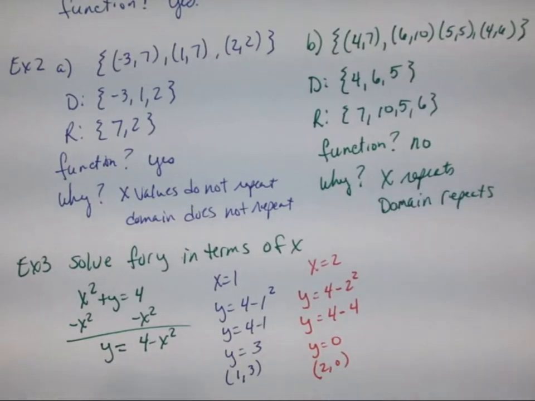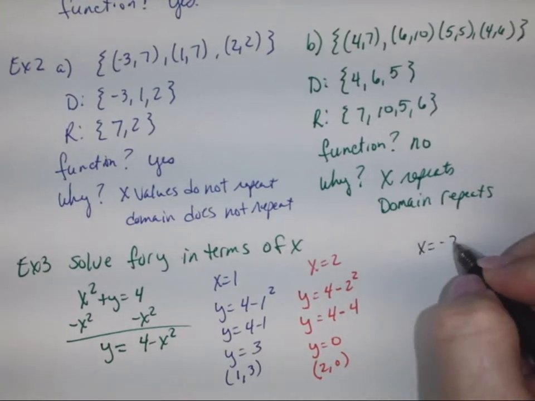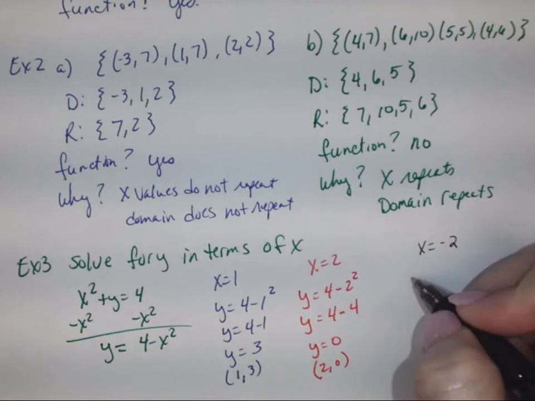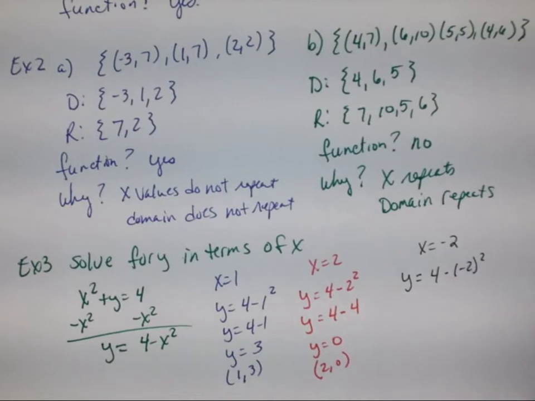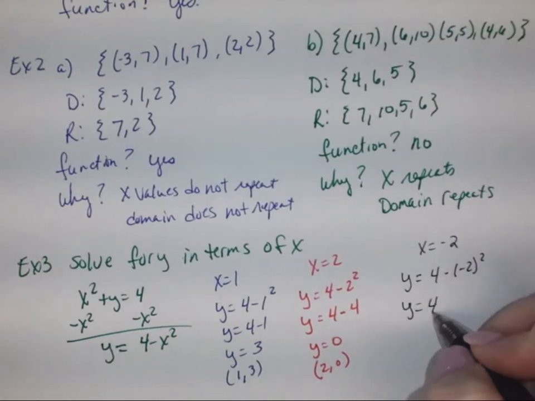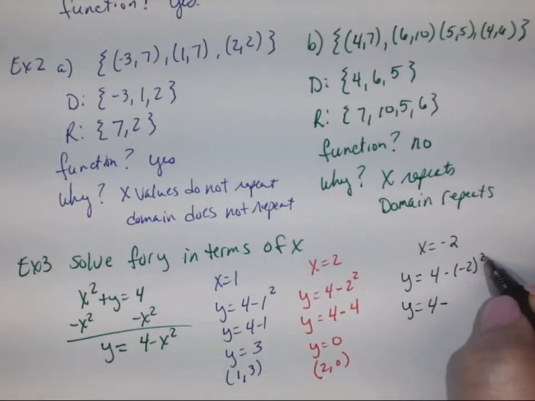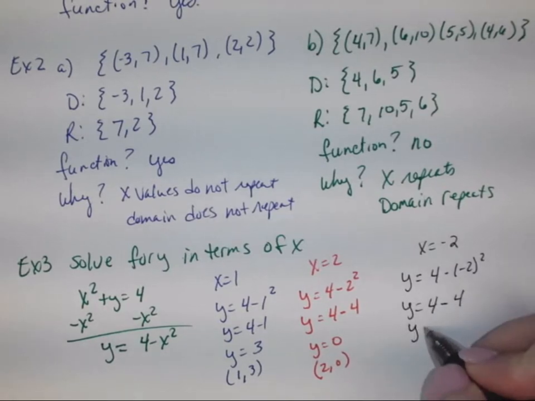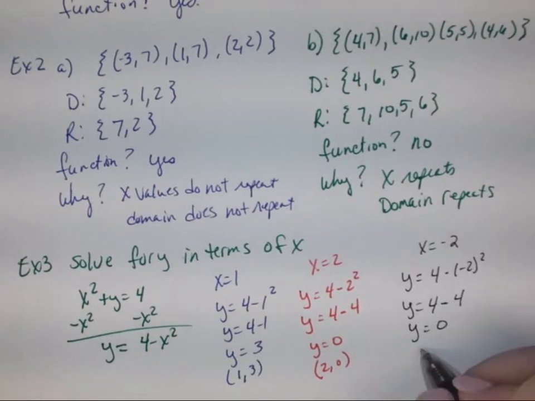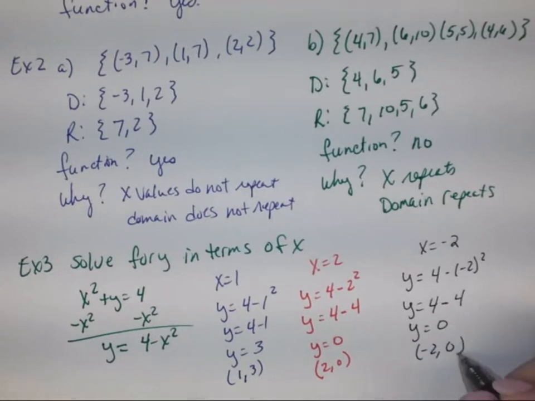And then we can choose another x value. Let's go with x is equal to negative 2. So y is equal to 4 minus negative 2 squared. Negative 2 times negative 2 gets us positive 4. 4 minus 4 will get us 0. So here we have negative 2, 0.